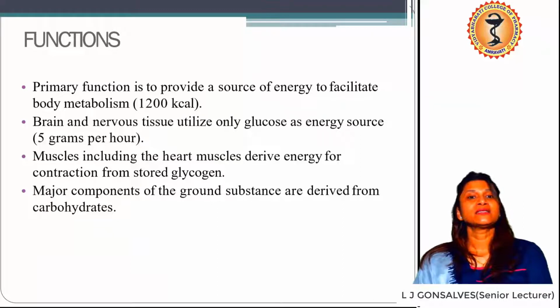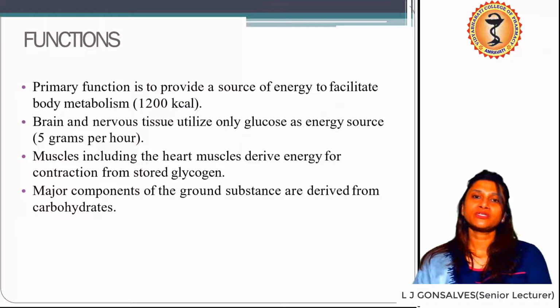Now we'll see the various functions of carbohydrates. The primary function of carbohydrate is to provide a source of energy to facilitate body metabolism, that is 1200 kilocalories. Brain and nervous tissues utilize only glucose as energy source, that is 5 grams per hour.